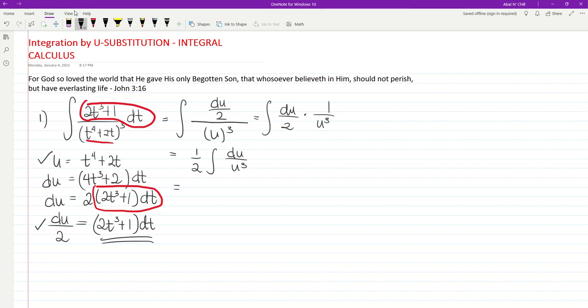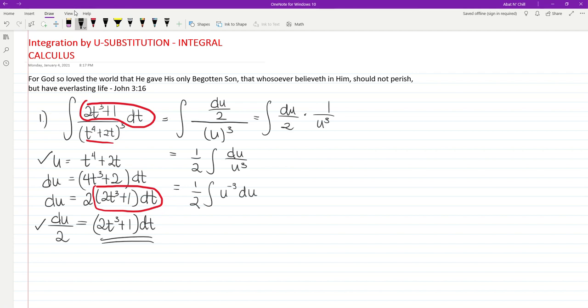As you can see, this integral is pretty easy to evaluate because we will be needing the power rule only. I can raise this into a negative exponent if I want that in the numerator. That's the exponent rule: whenever we take the reciprocal, we negate the exponent.